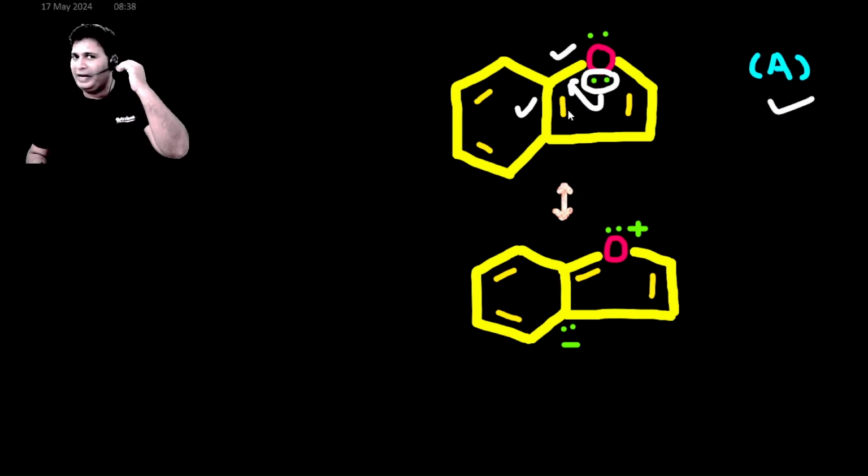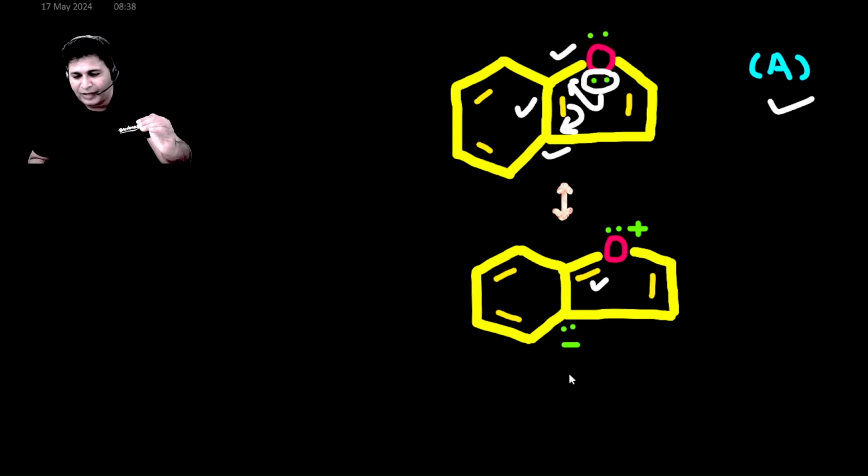I made the lone pair float one position ahead to make a pi bond, and simultaneously this pi bond shifts over to this carbon. The carbon which gains the electron gets the negative charge, and the oxygen from where the lone pair is going away gets the positive charge.